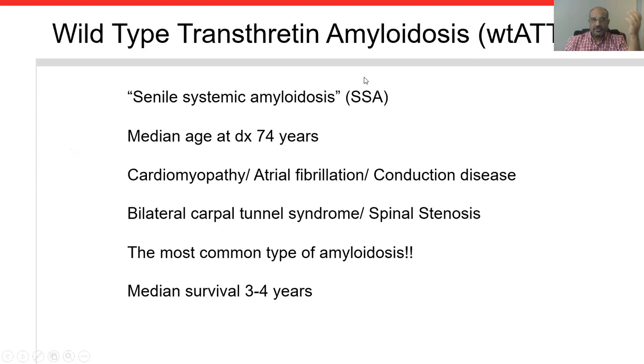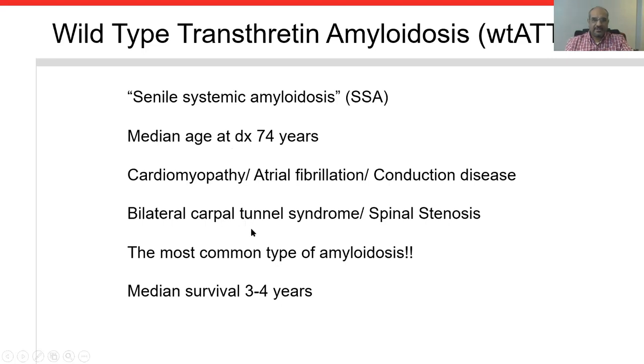So the wild-type transthyretin amyloidosis was previously called the senile systemic amyloidosis, SSA. The median age is around 74, elderly, presented mainly by cardiomyopathy, atrial fibrillation, and conduction disease.